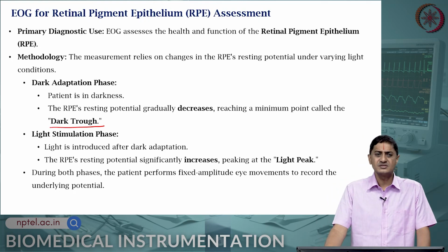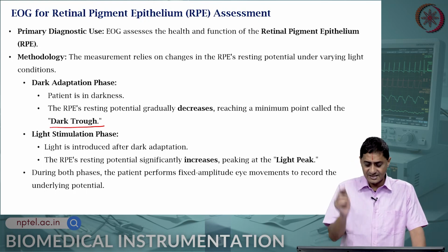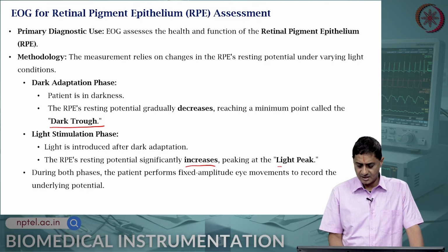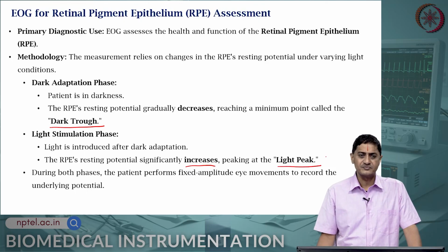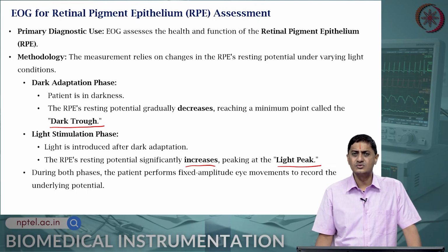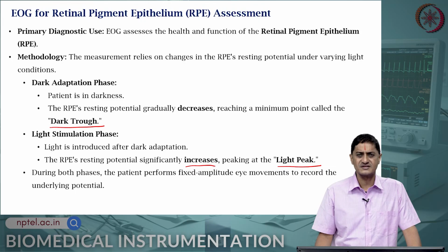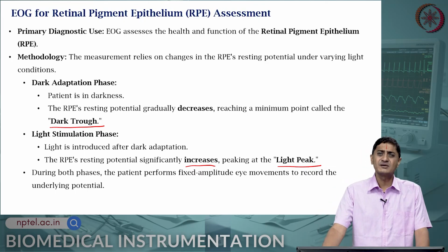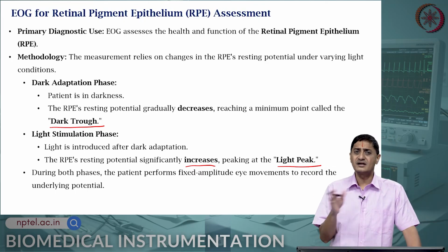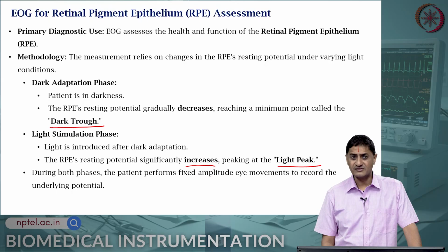Once light is introduced, the RPE resting potential starts increasing, reaching the so-called light peak. During these two phases, the patient is required to perform some pre-discussed, fixed amplitude movements of the eye to record the underlying potential of the dipole.